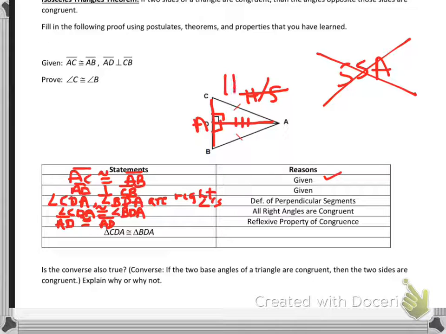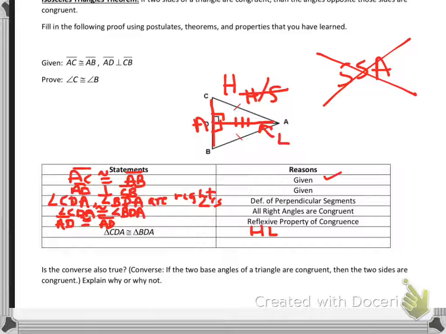We're going to call this the hypotenuse, and this in here is a leg. So this meets the criteria for hypotenuse leg congruence. We have two right triangles, their hypotenuses are the same, and they have a leg that's congruent. So we can do this by HL. Please remember that SSA is not a valid test of congruence unless you're talking about right triangles and you have a hypotenuse and a leg.